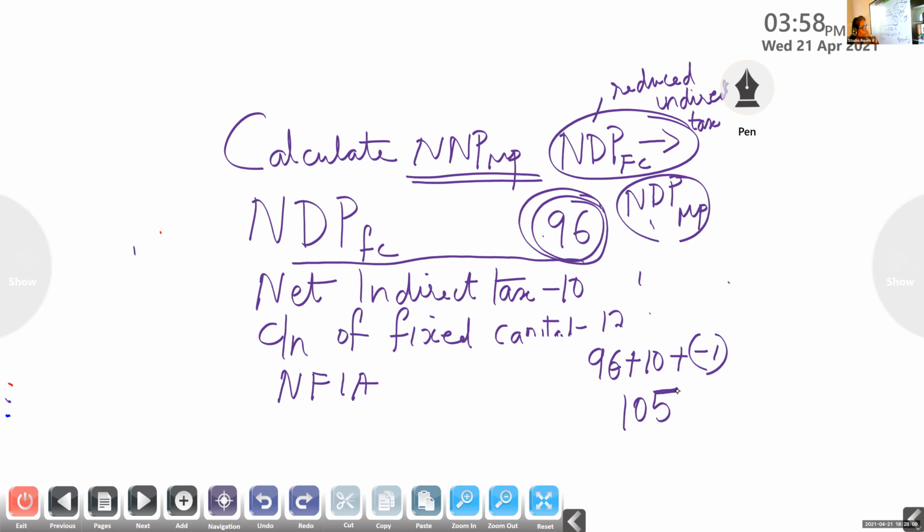Now only two sums I have given you. Please go through that, understand how it has come, how NDP-FC has become NDP-MP. Just read it thoroughly, then if more problems come we can do them. Please go through the formulas I have given and the few definitions I have given, and we will do more problems.